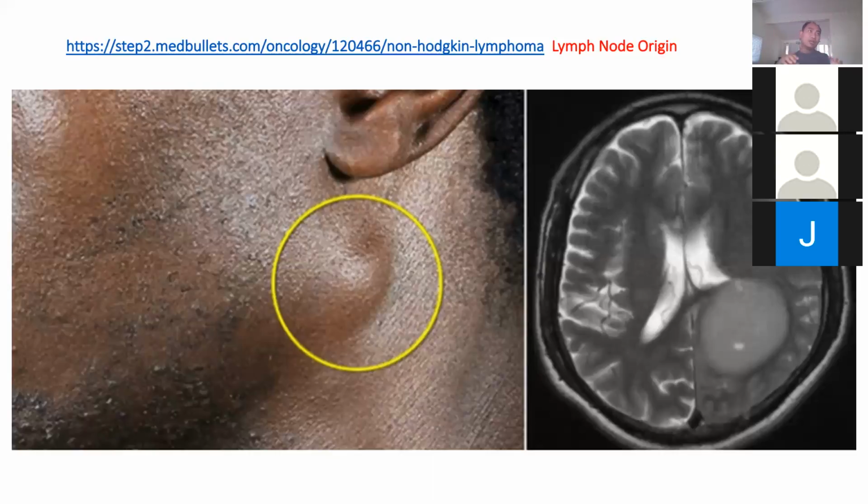Leukemia, a bone marrow cancer, doesn't usually present with lymph nodes, but sometimes it does, a little bit of lymph node here and there, but not as big as lymphoma. Lymphoma is the lymph node cancer, with multiple enlarged lymph nodes.